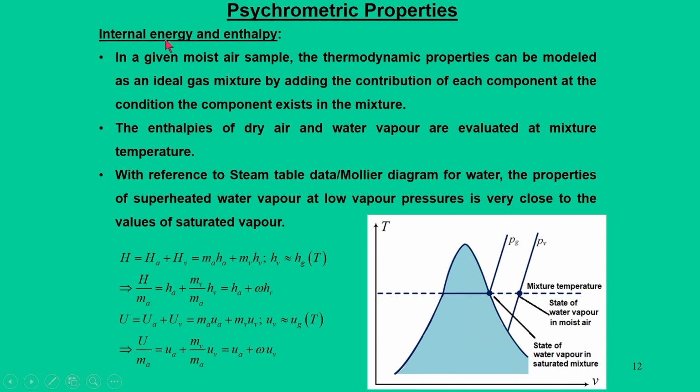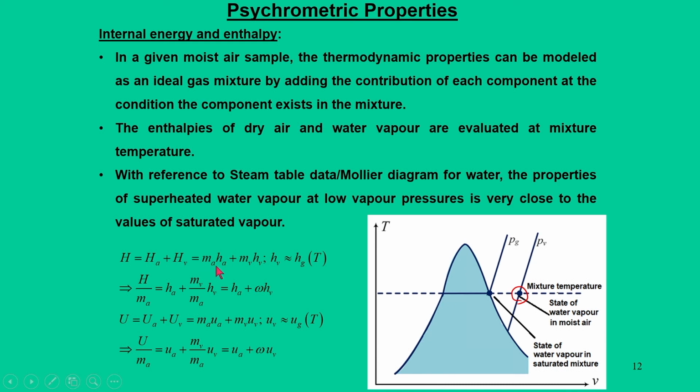So, when you talk about internal energy and enthalpy of separate parts, we recall the temperature volume diagrams. So, we are looking at a state in a TV diagram. At that point, if you want to quantify the enthalpy and internal energy, there are two ways. The total enthalpy can be divided as enthalpy of dry air plus enthalpy of water vapors.